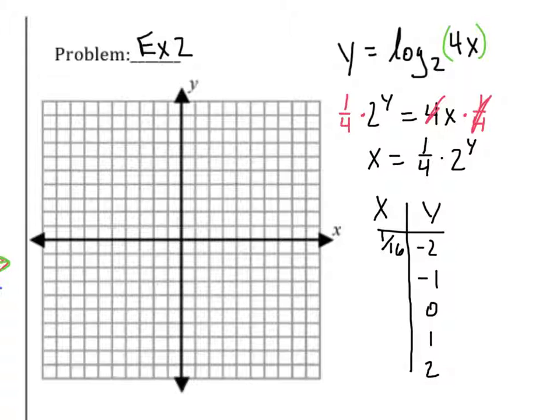What's 2 to the negative 1? 1/2. 1/2 times 1/4? 1/8. 2 to the 0. 1 times 1/4. 2 to the 1. 2. 2 times 1/4. And 2 squared. 4. 4 times 1/4? 1.